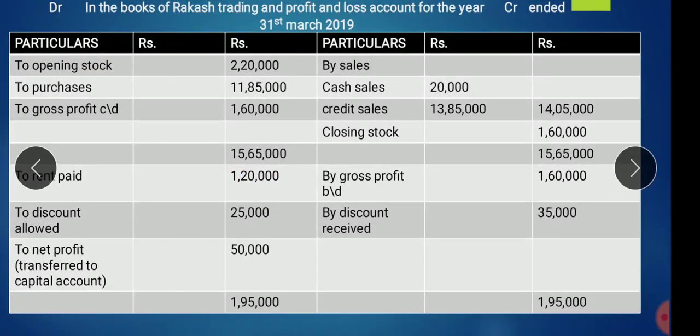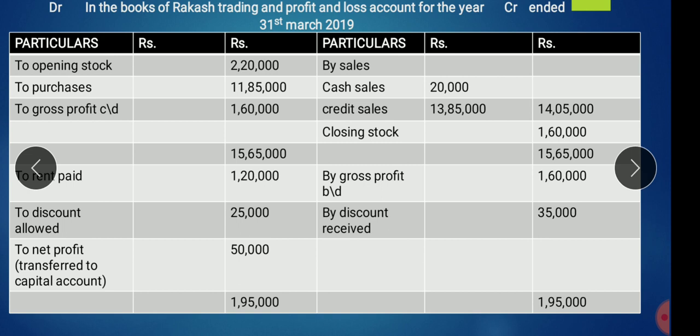After that, find out the total value. So the credit side value is 1,95,000, and the debit side value is the lowest value. So the lowest value is deducted from the highest value. Highest value 1,95,000 is the credit side, and the lowest value is the debit side. The result is 50,000.